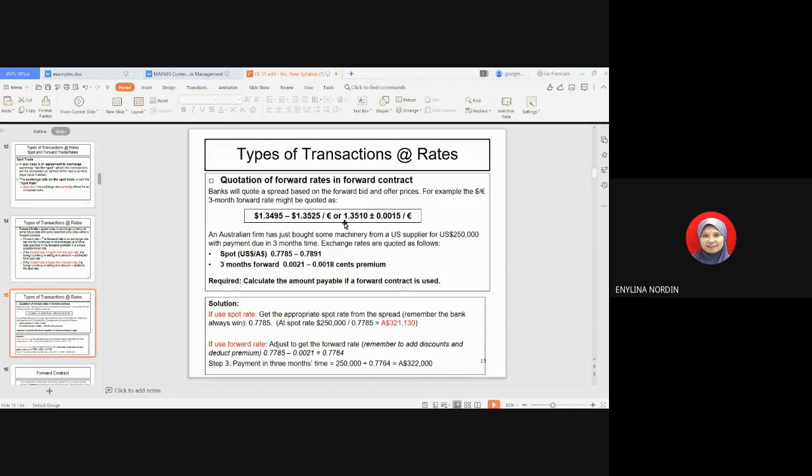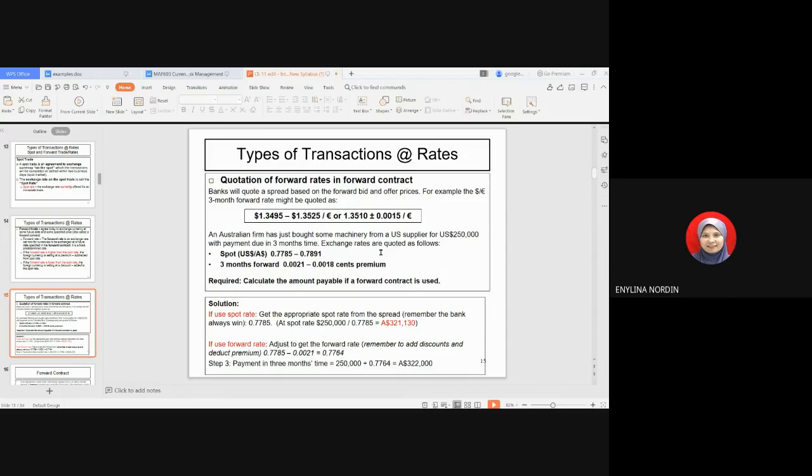Or maybe it can be quoted as a mid price, where the spot rate is 1.3510 plus minus 0.0015, then you get this range. So it's just the same thing, just a matter of the way that the bank presents this exchange rate per foreign currency.